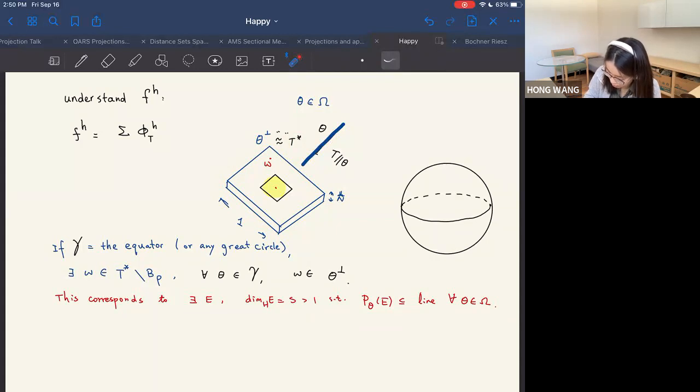So it's just a 1 over n neighborhood of the perpendicular plane, and then we restrict ourselves to inside a unit ball. Next I would like to identify these two: the perpendicular plane of theta and T star, when T is parallel to theta. Then when gamma is the equator, there exists omega such that this omega lies in every single theta perpendicular.